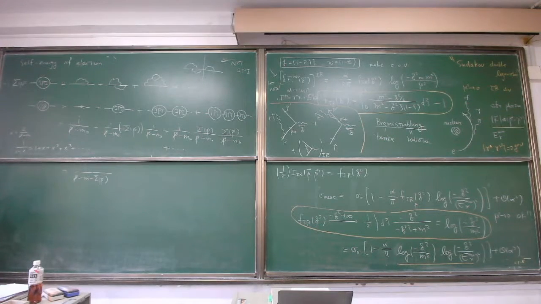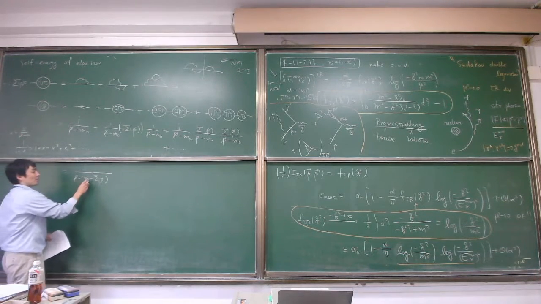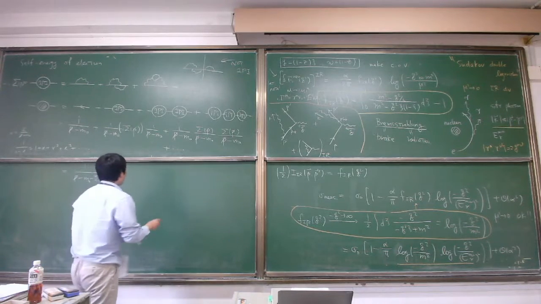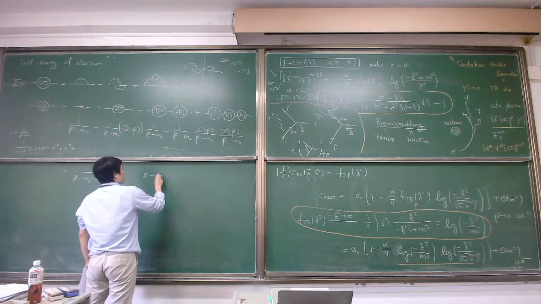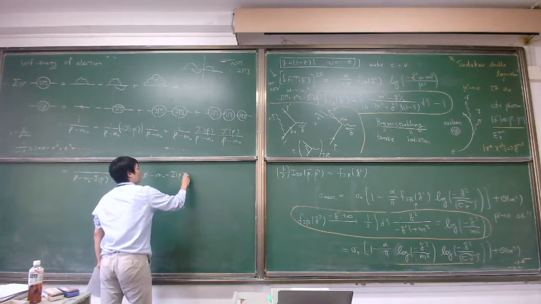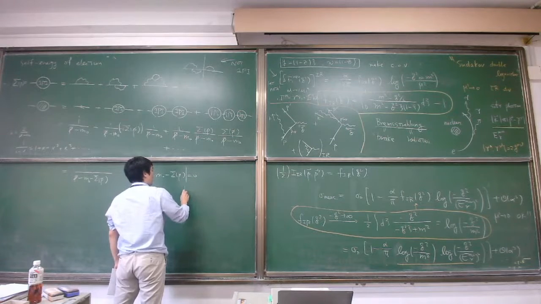Okay. So if you include the electron dressed by quantum correction, the position of the pole will be shifted, where p slash minus m0 minus sigma of p slash is equal to 0 when p slash is equal to m.